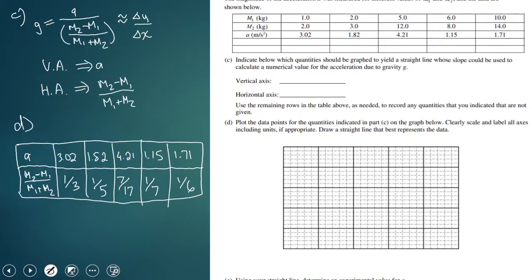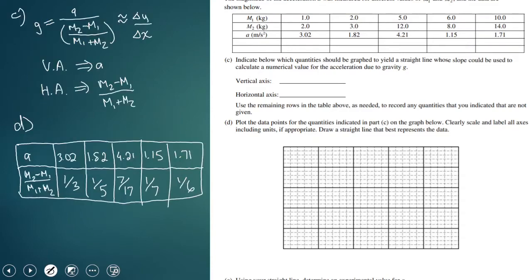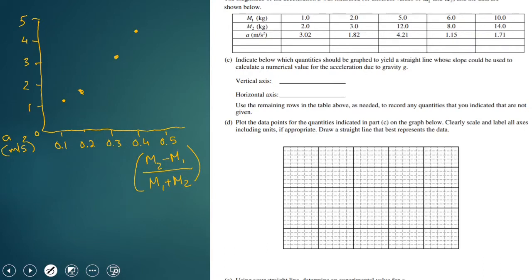Next one is 1/7, so 0.14 and 1.15. And then the last one is about 1/6, so 0.167 and 1.71. So 0.16 and 1.71 is somewhere around here.